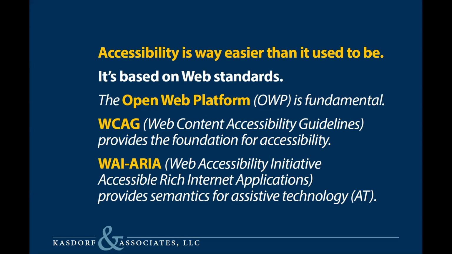The two main web standards are WCAG, which is not just for publications but for any web content in general, a real foundation for accessibility, and ARIA, also a W3C standard, which is a way to add semantics to websites or publications to help assistive technology work.